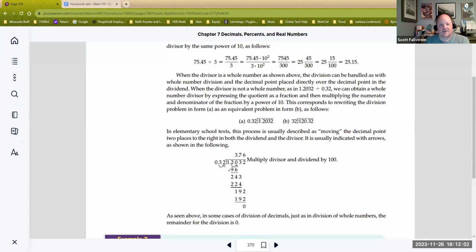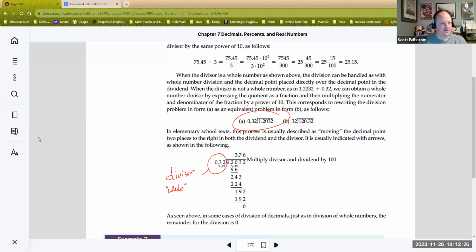Typically they would have a reason for it. They'd say, hey, you want to divide so that your divisor is a whole number. We want that to be a whole number.